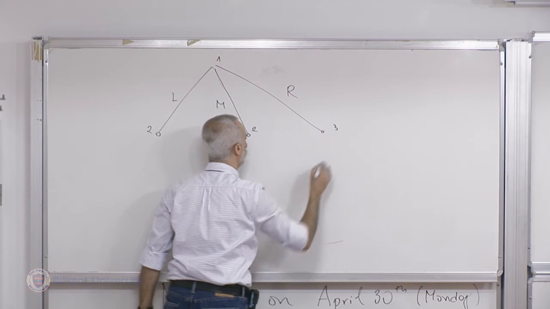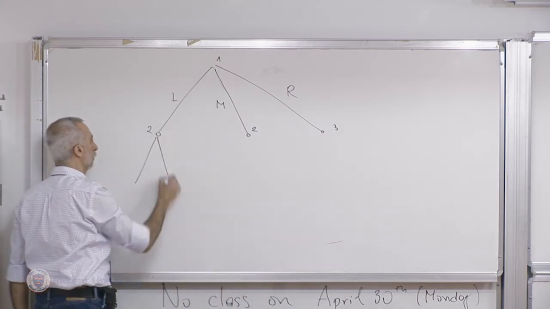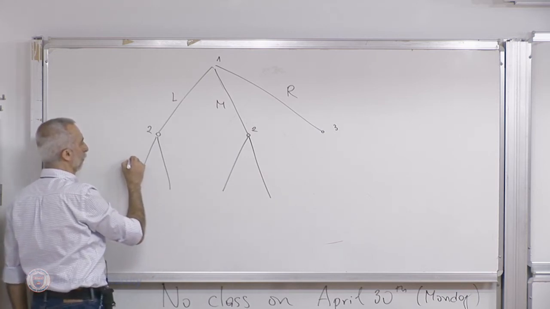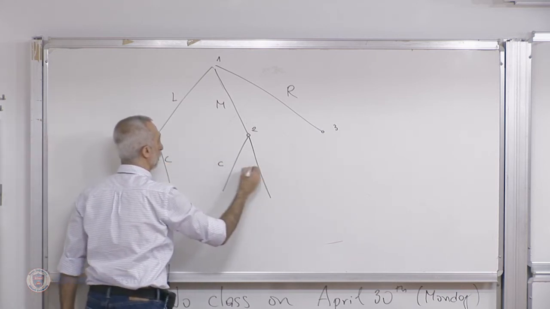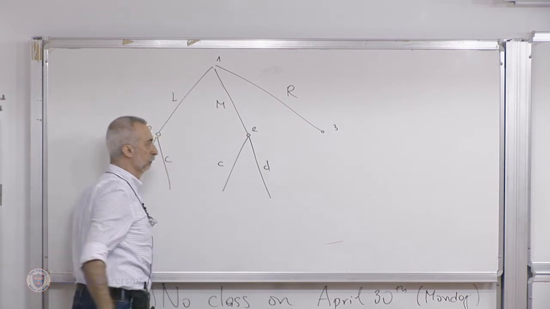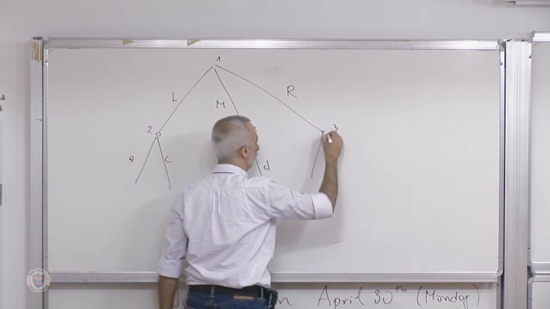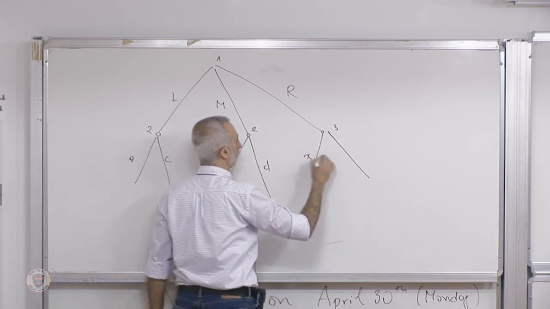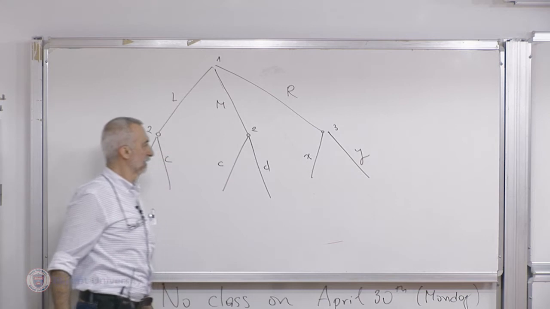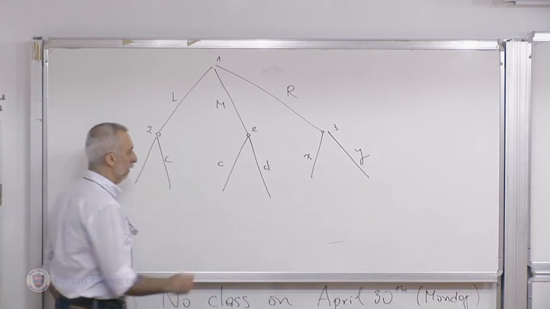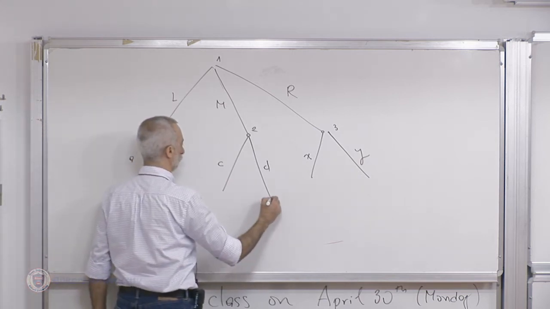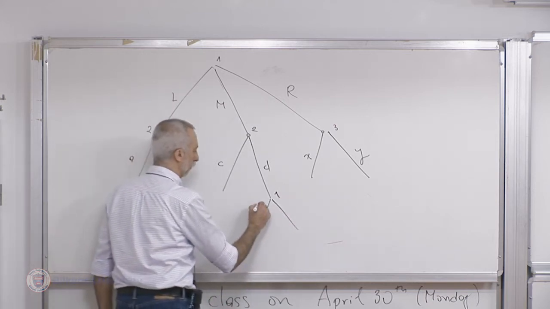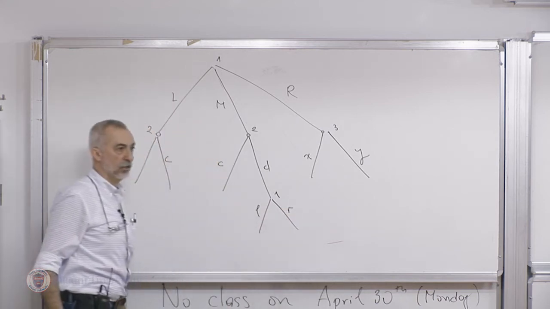In this case, player 3 takes an action: A, B, C, D. And here, player 3 takes an action: X, Y. And under this case, let's say player 1 takes an action again: small l, small r.